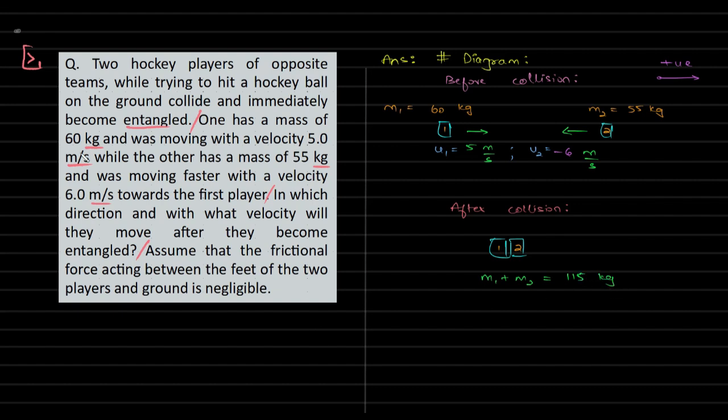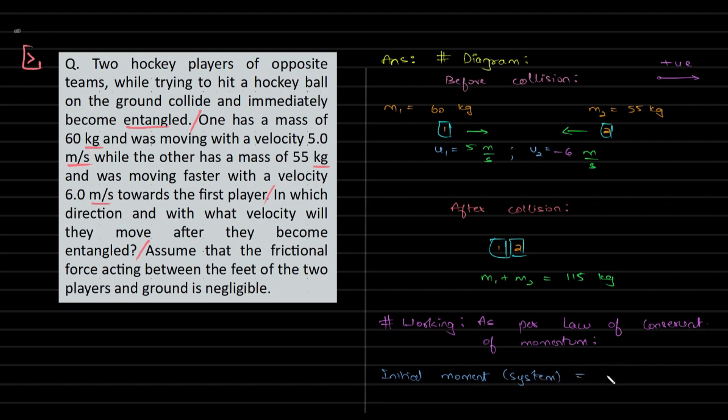Make sense? Now, all we have to make use of is the law of conservation of momentum. As per the law of conservation of momentum, what are we looking at? Initial momentum of the system. What is the system made up of over here?